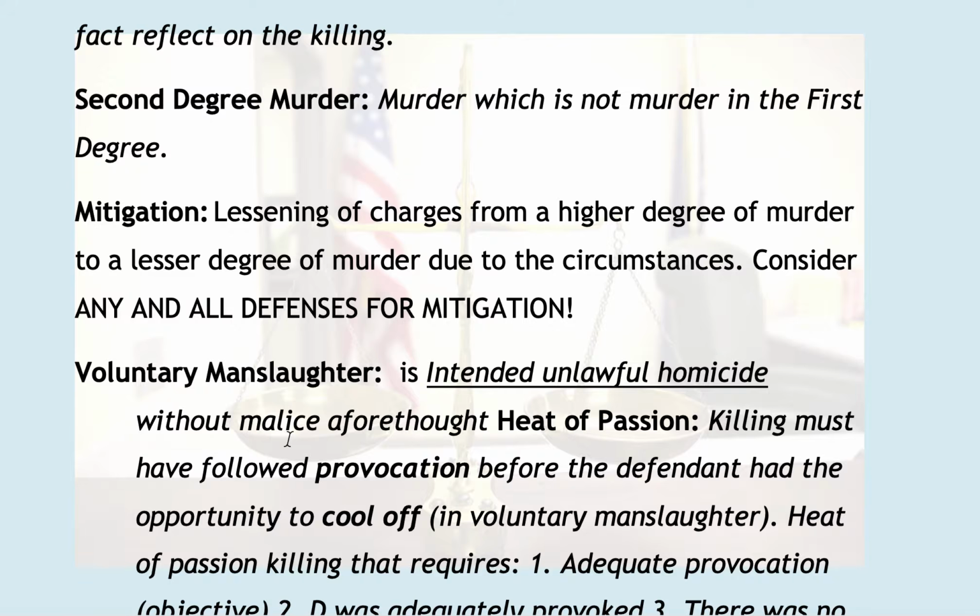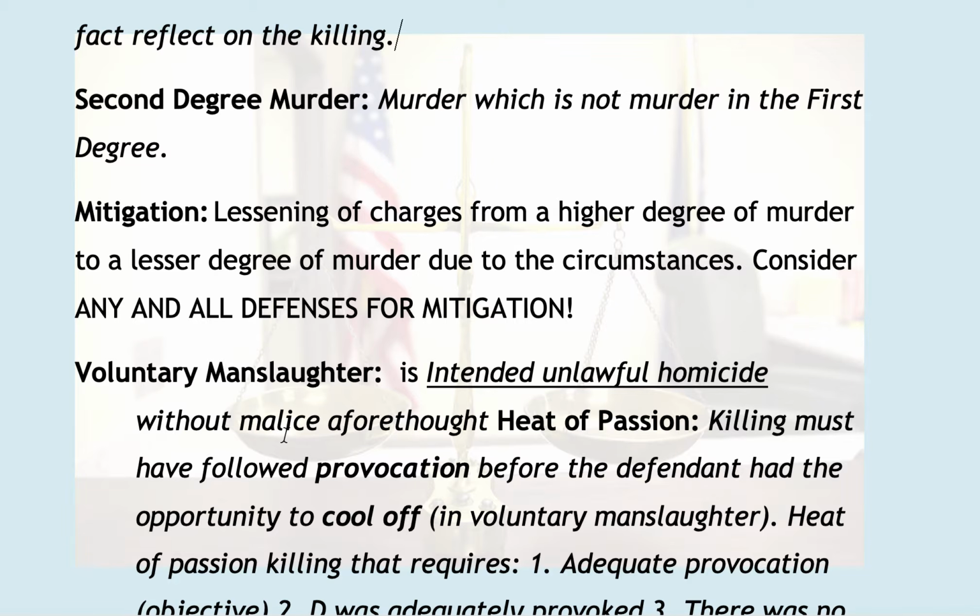Mitigation is a lessening of the charges from a higher degree of murder to a lesser degree of murder due to circumstances. So if you were a criminal defendant's attorney, you would consider any and all defenses for mitigation. Also, if you were the prosecutor, you would want to know those things to see if you had a good case.